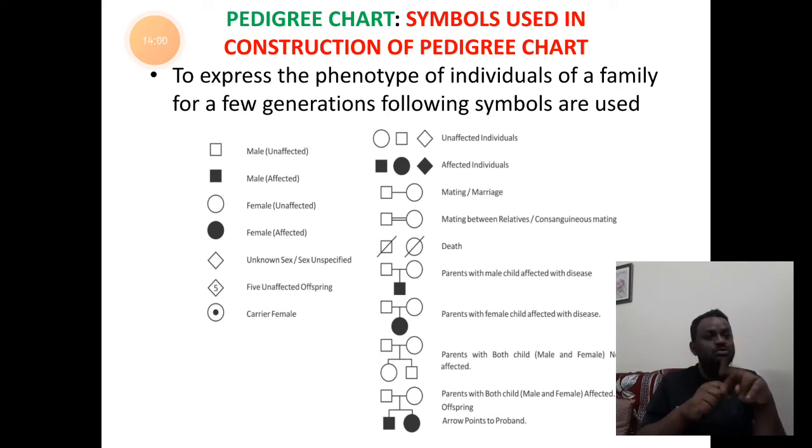So the 2 sex chromosomes are different in males, having X and Y. In case of females, they are homotypic, so they have the XX chromosomal complement. Now, genes present on the X chromosomes are called sex-linked genes. I repeat, genes present on the X chromosome are called sex-linked genes or X-linked genes.